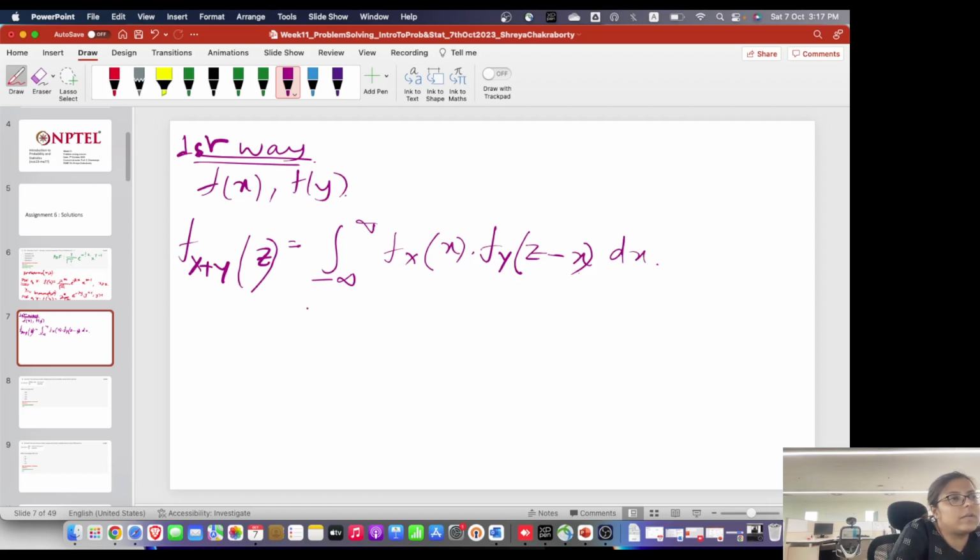So what we have to do is substitute f_X and f_Y into this integral.